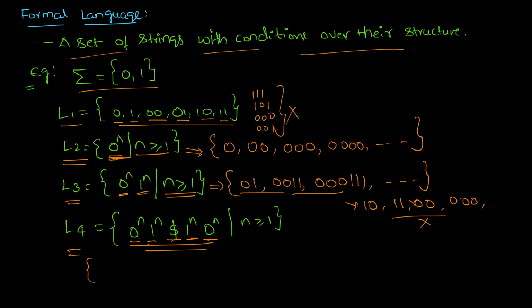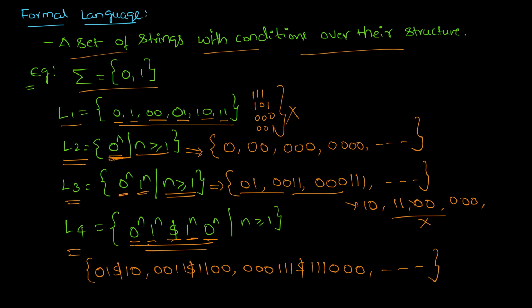Let's write the list of strings which can be in this language, like 01$10, 0011$1100, 000111$111000, etc. Any string which is not following this format will not be in the language, right?